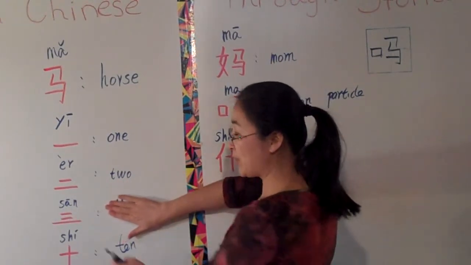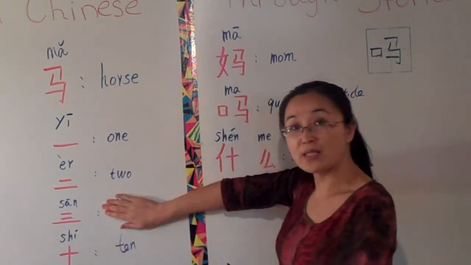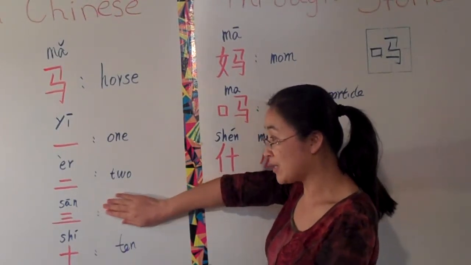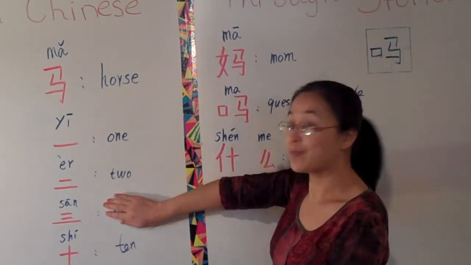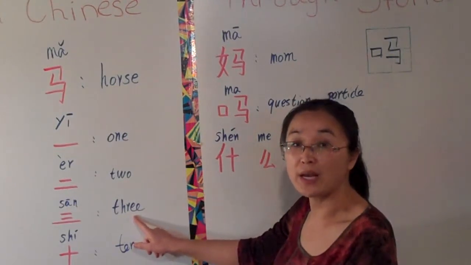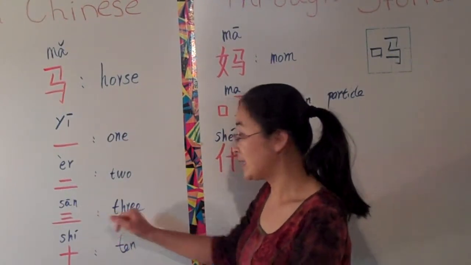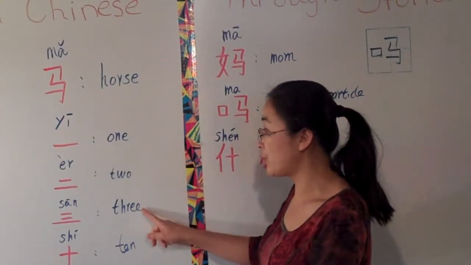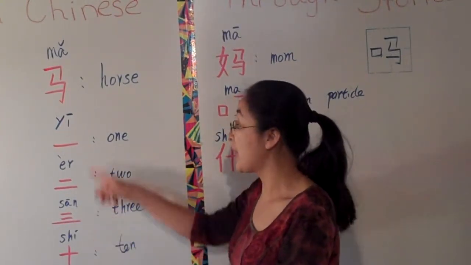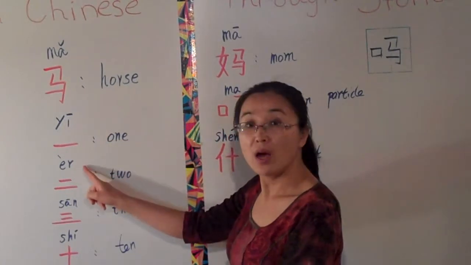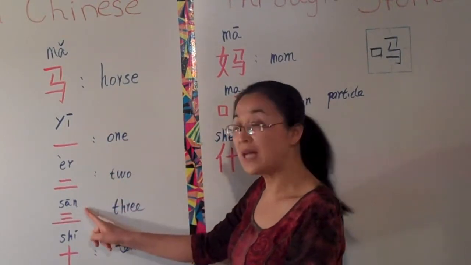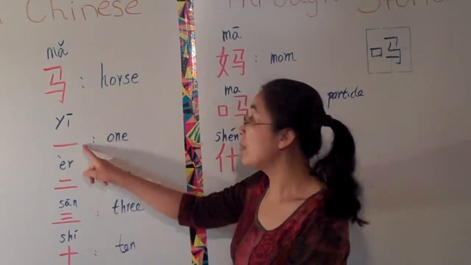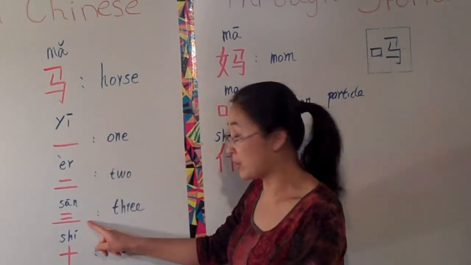So how about 3 bars? Guess the meaning. The pronunciation is sān. Then what does it mean? You are right. It's 3. Now we know how to say 1, 2, 3 in Chinese. And I'm sure you know how to write them: 1 bar, 2 bars, and 3 bars.